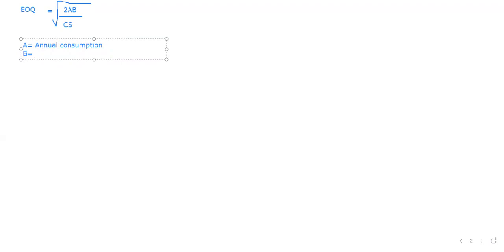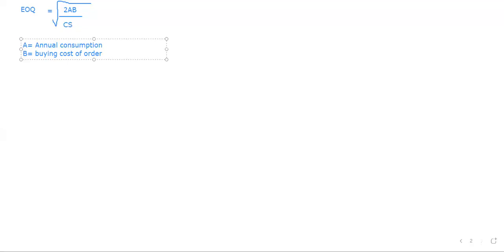And then B is buying cost per order. Remember B means buying cost of order.